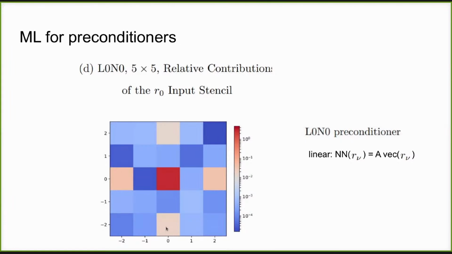Then along the two axes you also have heightened importance of the input that you're feeding into the network. This doesn't tell you that it's working particularly well. It just tells you that it intuitively makes sense what it's trying to learn.